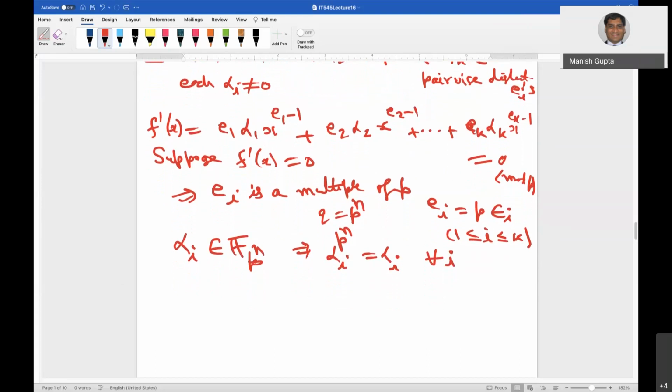So I can substitute, replacing each alpha i by this. Here in this expression, f dash of x equals 0, right?